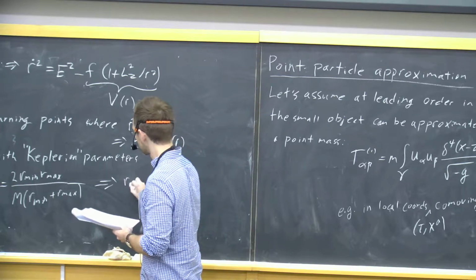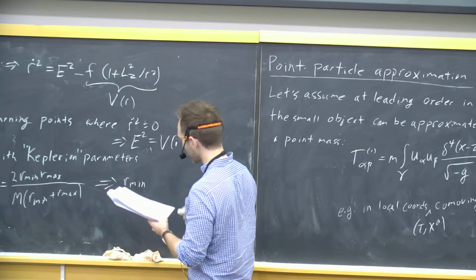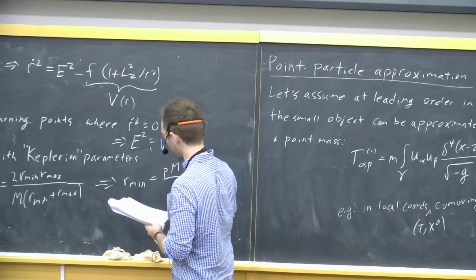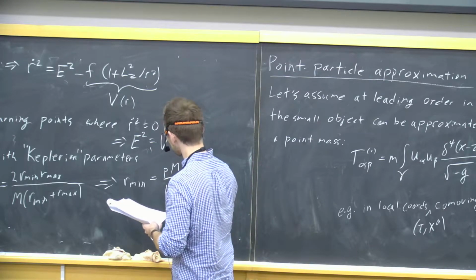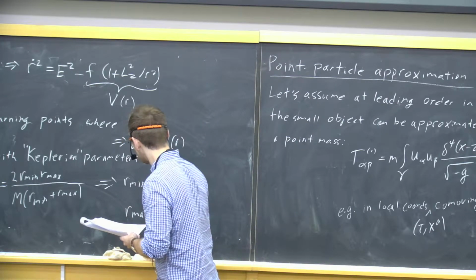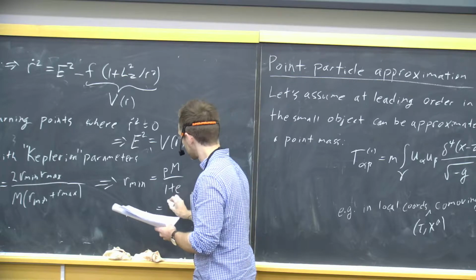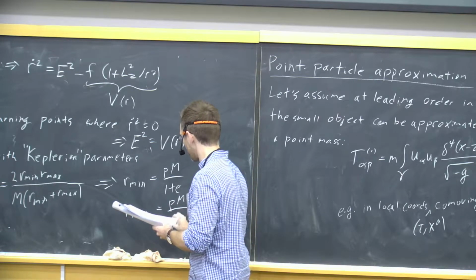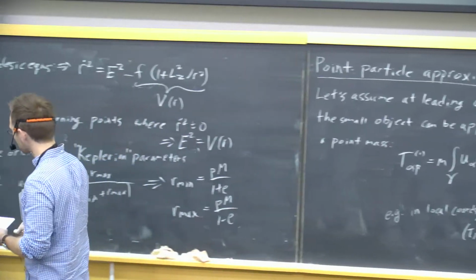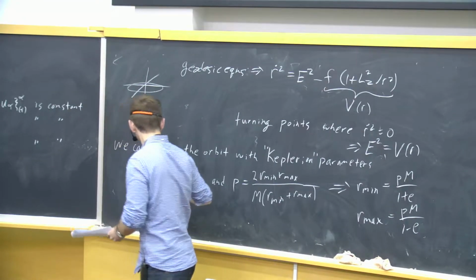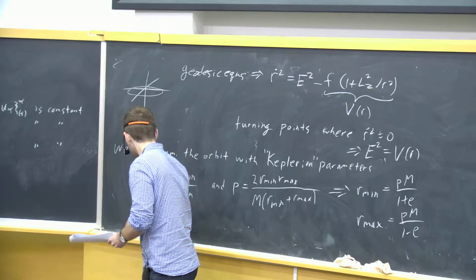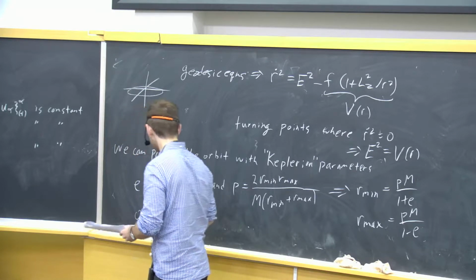In terms of these parameters, the minimum radius of the orbit is pM over 1 plus e, and the maximum is pM over 1 minus e. Note that from this expression, e has to be between 0 and 1.